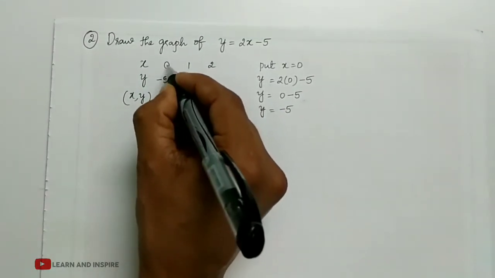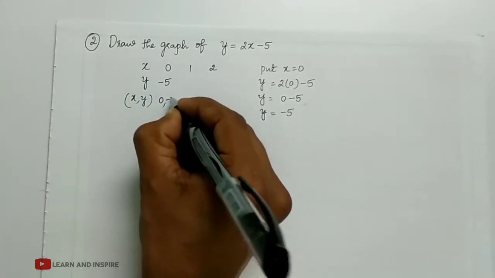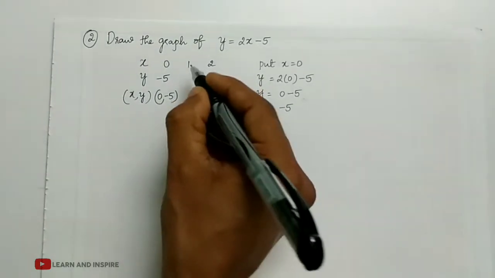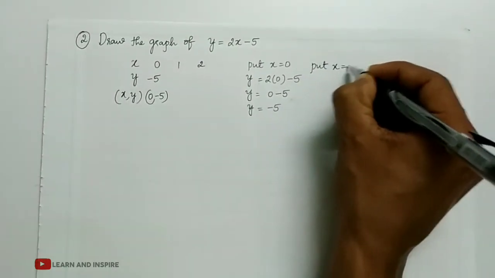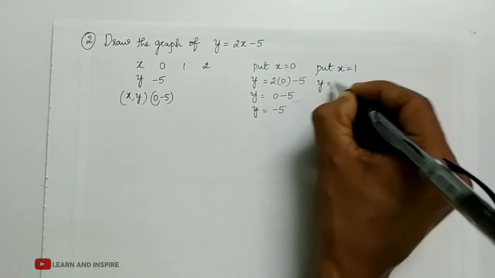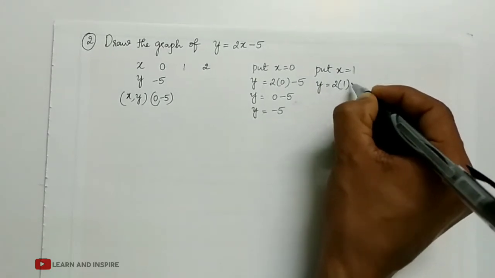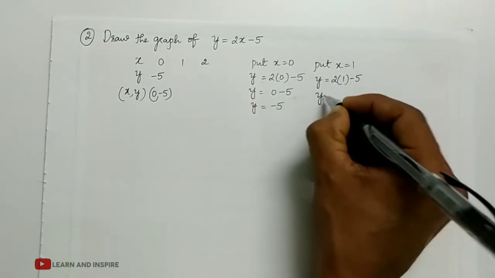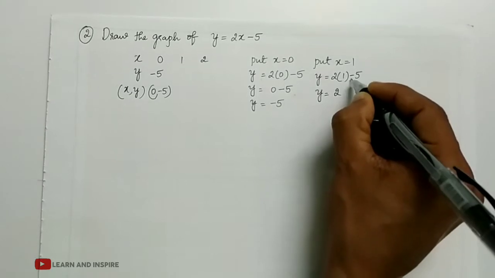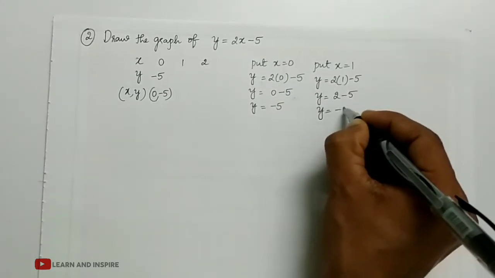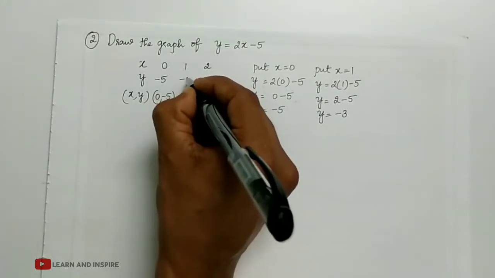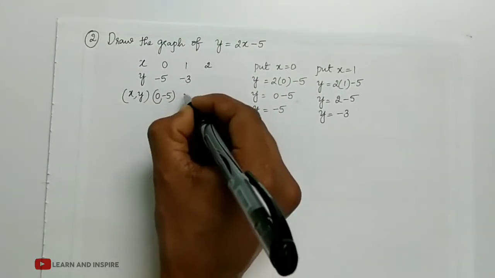Now what are the coordinate points? 0 and minus 5. Now I substitute x equals 1. Then y equals 2 into 1 minus 5. I get y equals 2 ones are 2, minus 5. 2 minus 5 is minus 3. So I write minus 3. So what are the coordinate points?